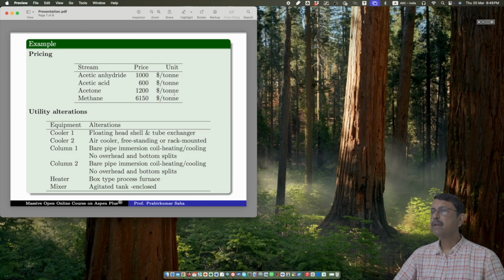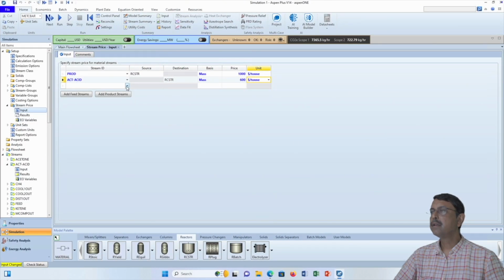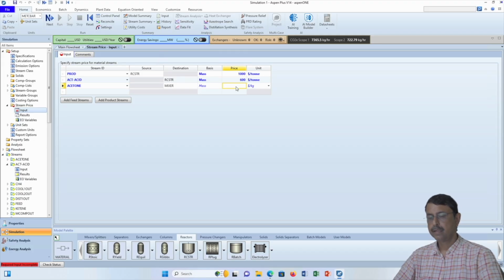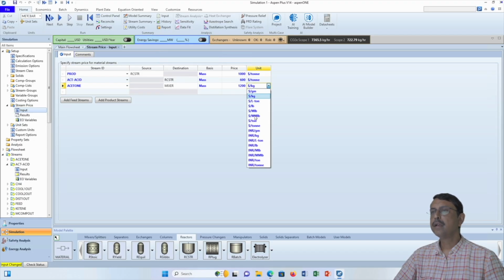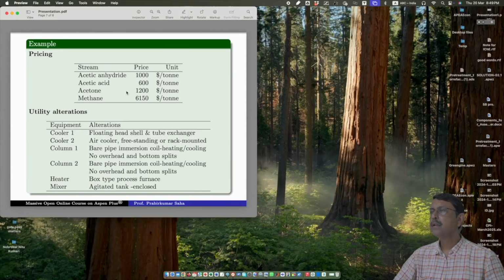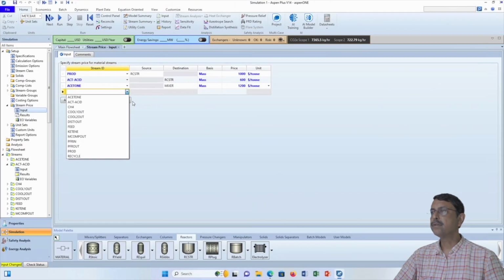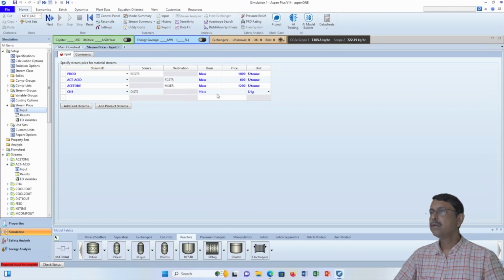Acetone 1200, and then methane 150. Okay, so these are the stream prices.